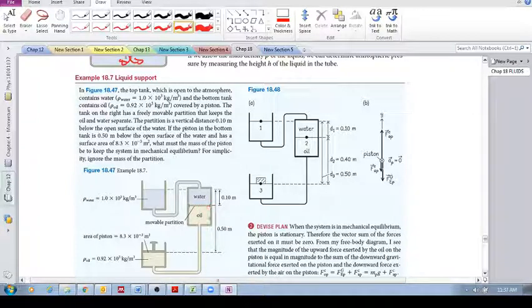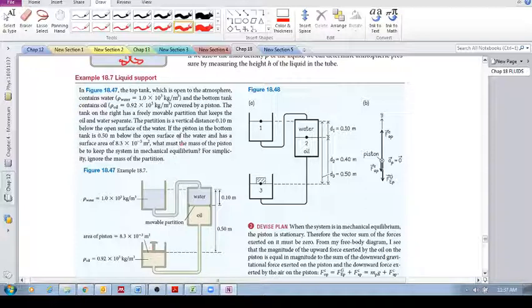And then in this container here, we've got oil, and it goes through this pipe into this little container over here with, this is important, a piston on it. So you've got this whole setup over here, water, oil, and you have this piston that is resting on it.